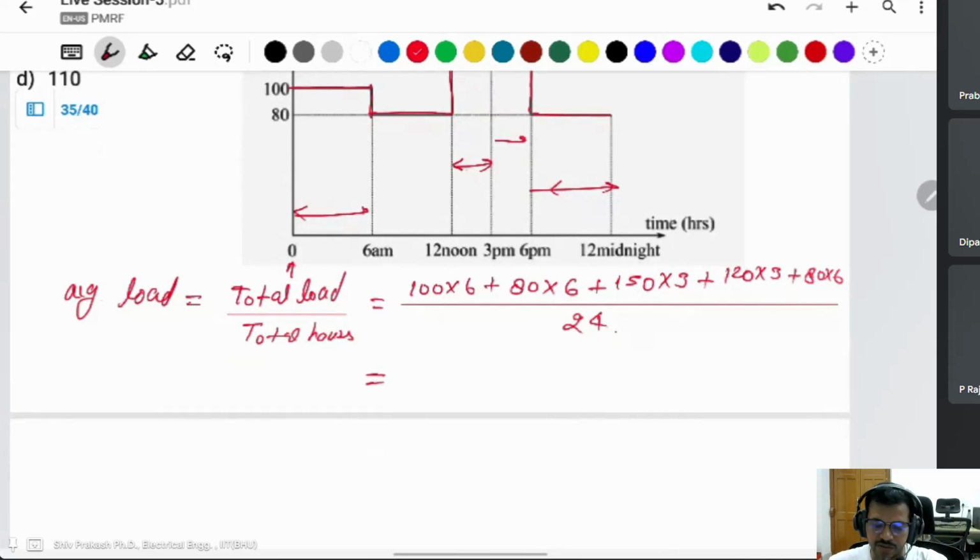Simply calculate this: 100 into 6 plus 80 into 6 plus 150 into 3 plus 120 into 3 plus 80 into 6. Then the average load will be 98.75 watts per hour, you can say. It's the average load.